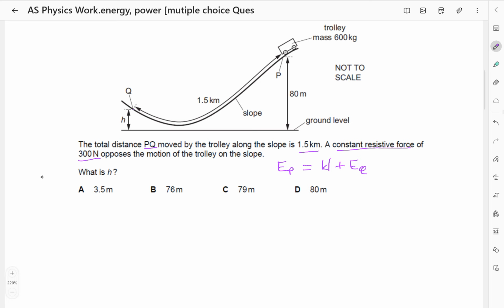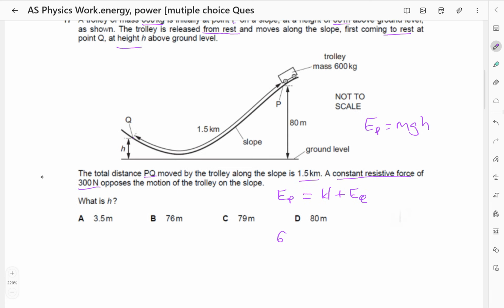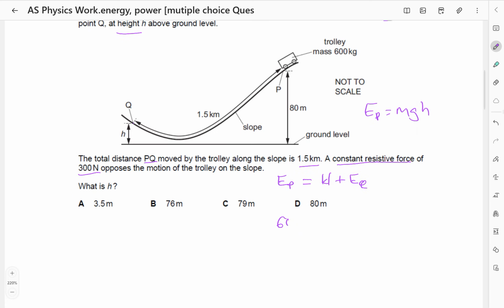Therefore, what is lost from P is going to be, remember, potential energy is mgh. So we shall simply say that 600, the mass, times g, which is 9.81, that is mg, then times the height, which is 80, should be equal to the work done against the resistive force.